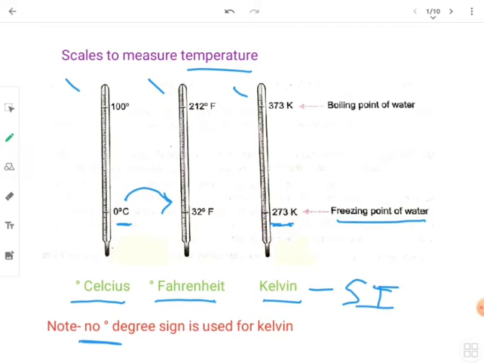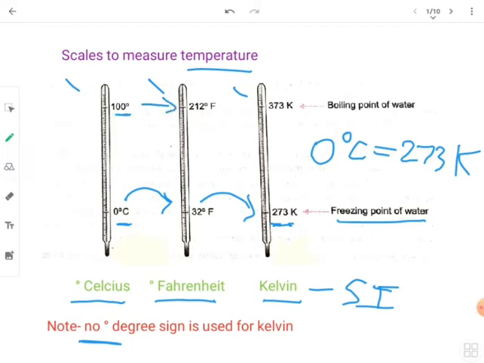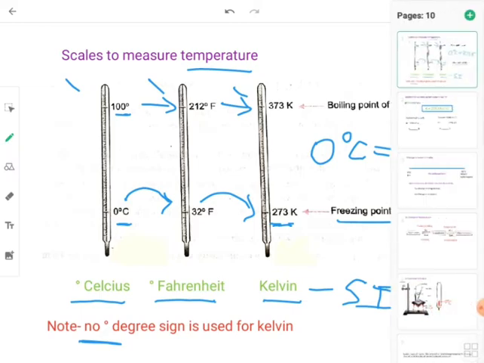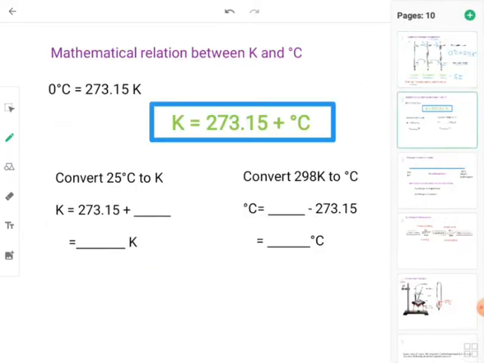Similarly, in terms of Kelvin, it is equal to 273 Kelvin. So the basic relation there is that 0 degree Celsius is equal to 273 Kelvin. Similarly, for the boiling point of water, 100 degrees Celsius is equal to 212 Fahrenheit and this is equal to 373 Kelvin.